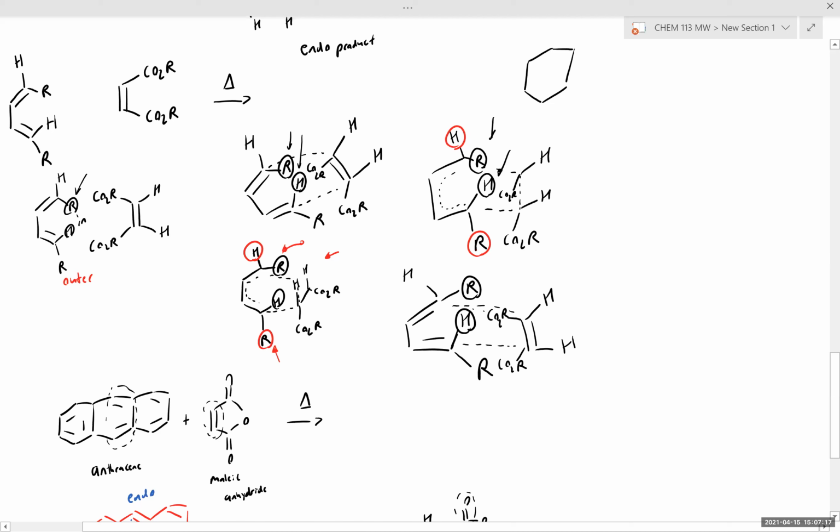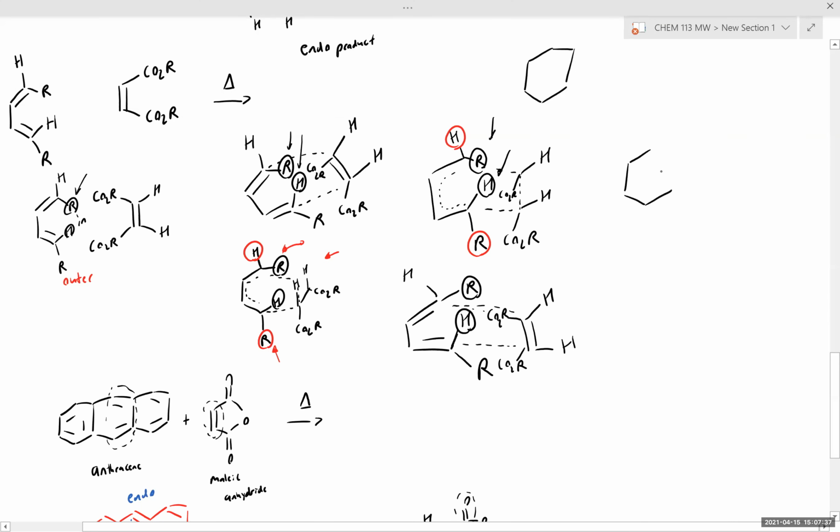So as we can see, depending on the configuration of the alkene, we get a different set of stereoisomeric products. So the alkene stereochemistry directly translates into our product stereochemistry.